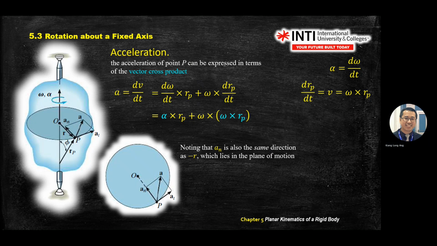Omega cross r. So here you can get omega cross r, but it's a cross products. Then here and here, you arrive at omega square r_P, and this one alpha cross r.